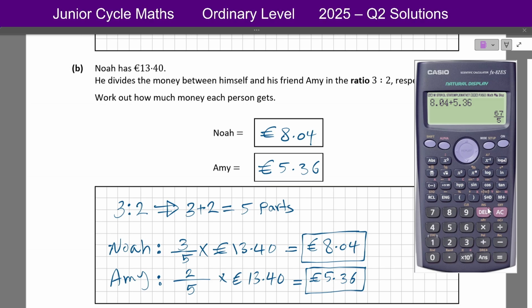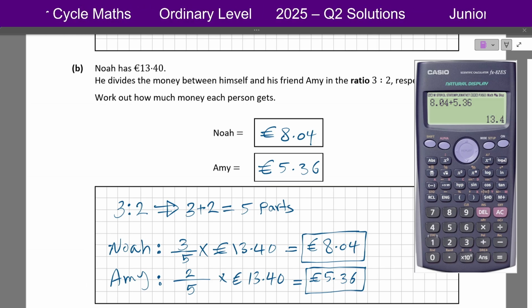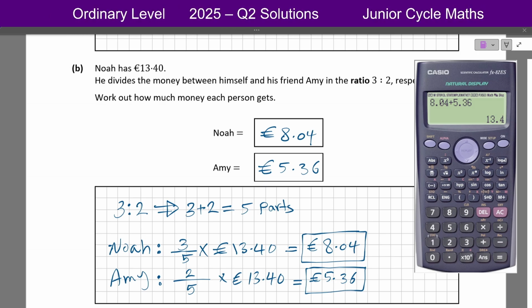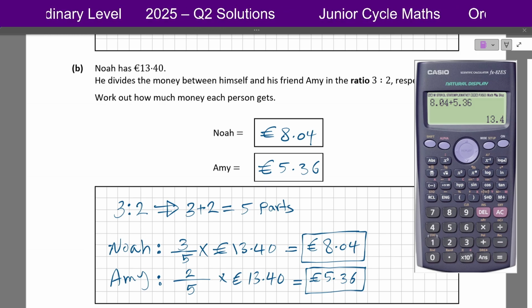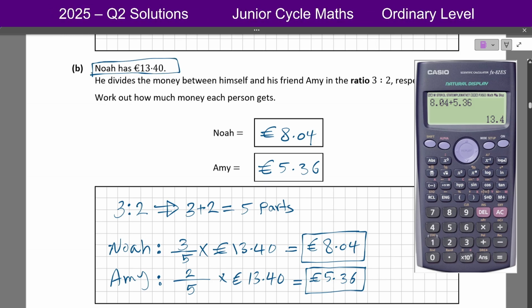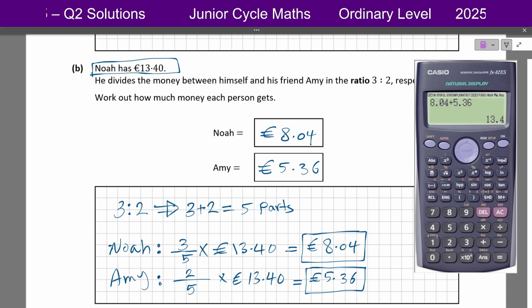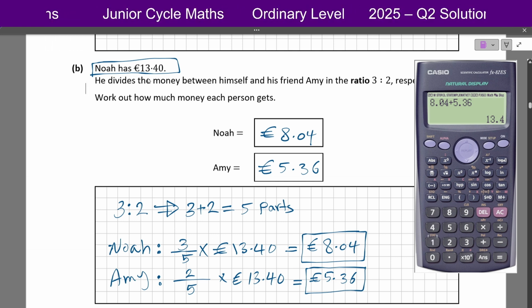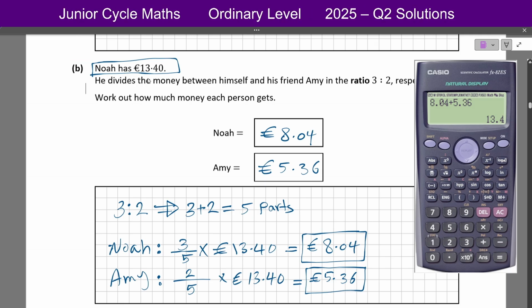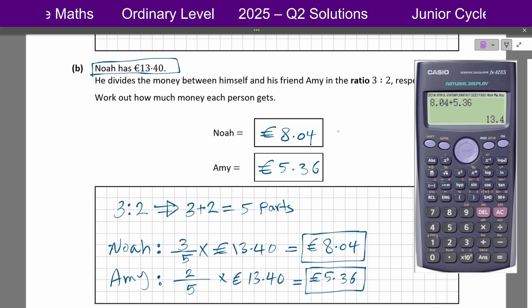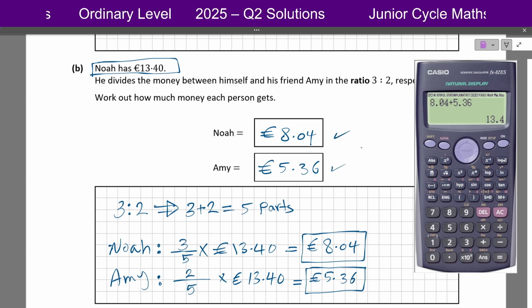We should get 13 euros and 40 cents, which is the same amount that Noah has. That is correct. This is to double check that our answer is correct. Here is the amount for Noah and Amy.